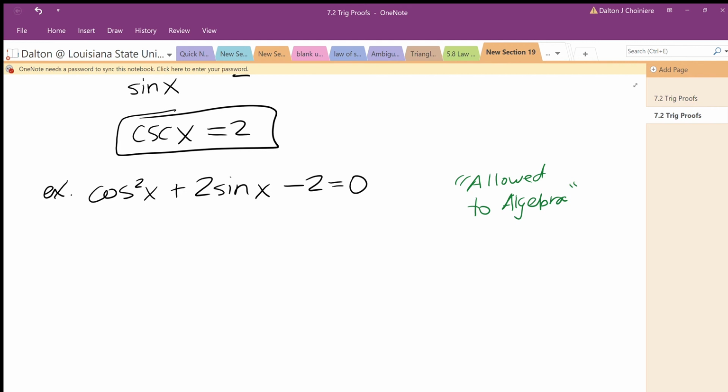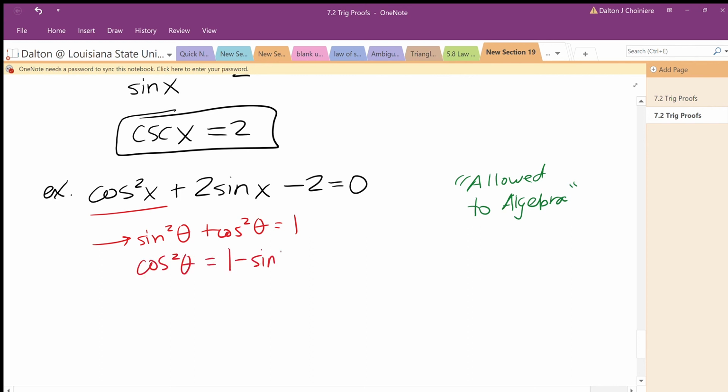Okay, we could try that. So you're suggesting if we change this cosine squared theta, if we know using the identity that sine squared theta plus cosine squared theta is equal to 1, then we could solve this just for cosine. So then we know that cosine squared theta is equal to 1 minus sine squared theta, like this.